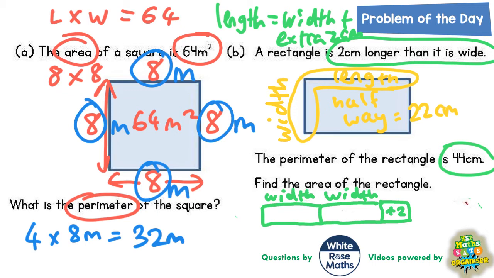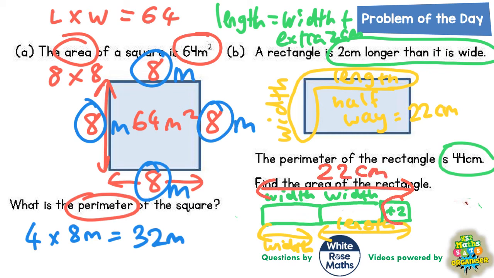And our bar model is showing one of the lengths, which is the width plus 2, plus one of the widths. And we know that one of the lengths plus one of the widths must be 22. So this whole distance on the bar must be worth 22 centimetres.